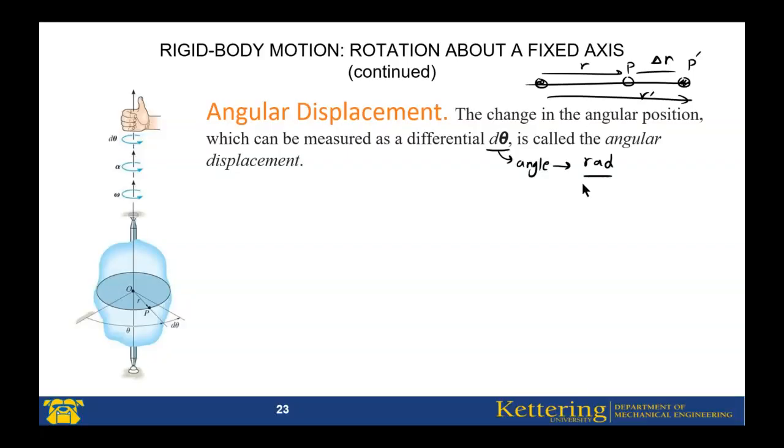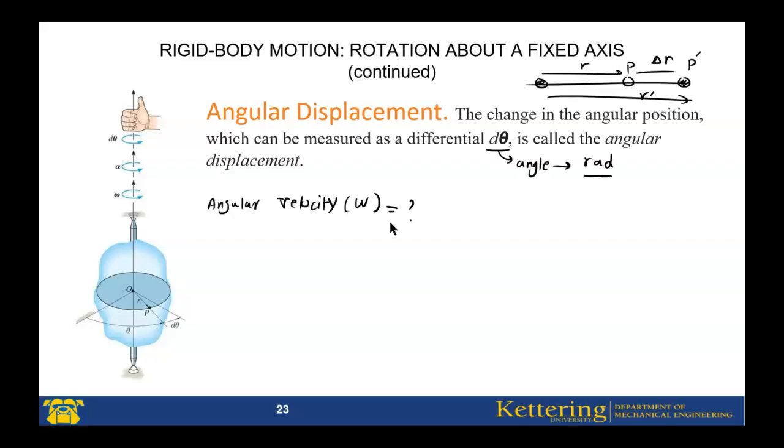Now I want to find the angular velocity. Here we use omega to show the angular velocity. Do you know how I can find the angular velocity? Can somebody guess?